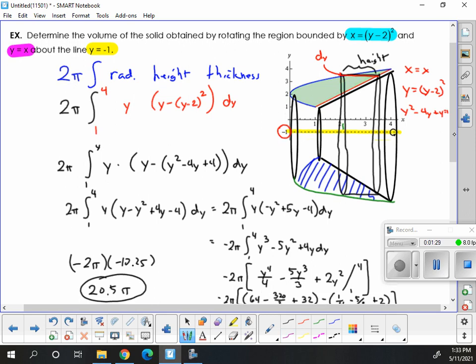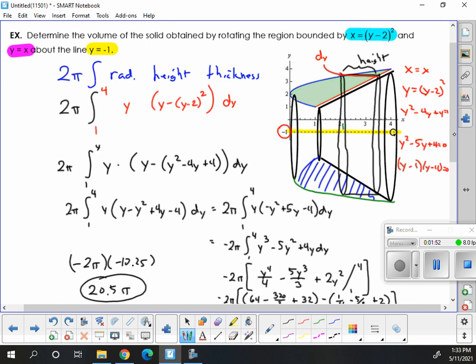And if I subtract that y, I get y squared minus 5y plus 4 equals 0. Graphically we can notice, but if we factor, we get (y minus 1)(y minus 4). So those are the zeros, and those are my bounds over here on the left.